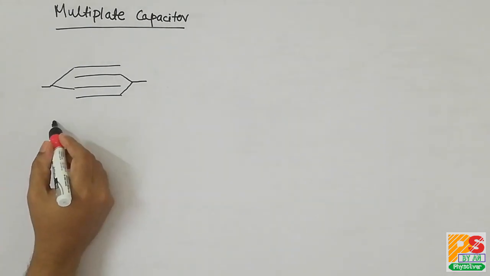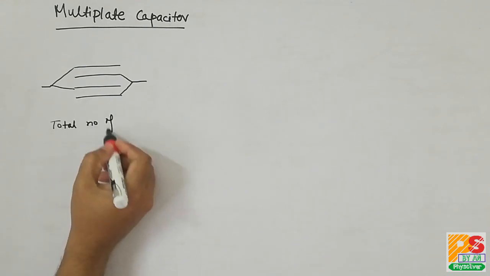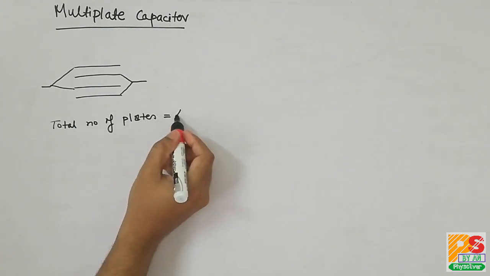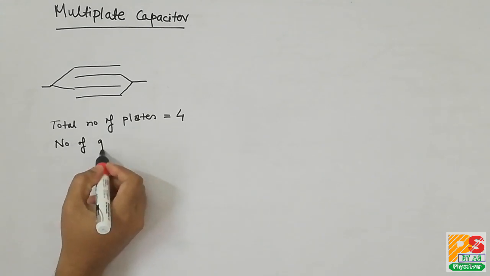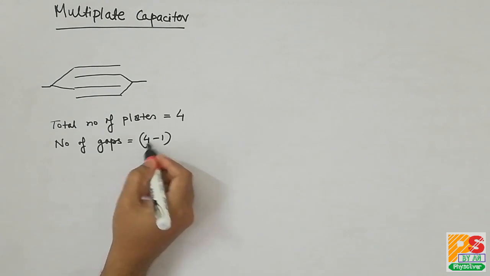Now if you count the number of gaps, then you will see here we have 3 gaps, and the gaps are of equal width.